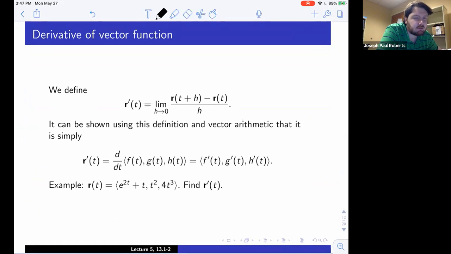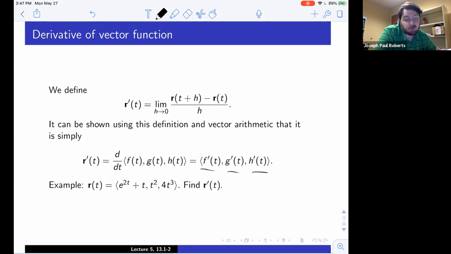So looking at this difference quotient definition gives us a good idea of the geometric significance of r prime of t. But just like in Calc 1, you guys don't like to deal with the limit definition. I don't like to deal with the limit definition. We prefer to have a more efficient way of calculating derivatives. And so luckily, we do kind of what you would expect for r prime of t: you just take the derivative of each component.